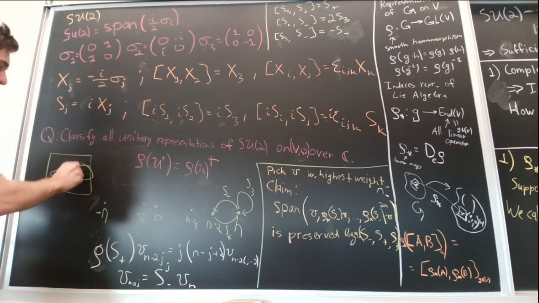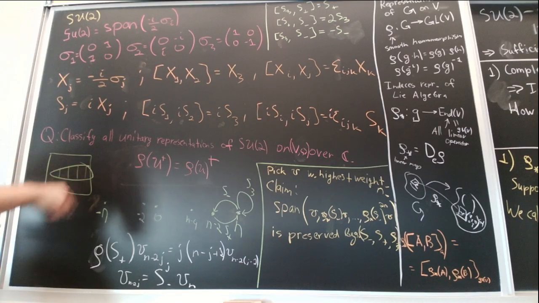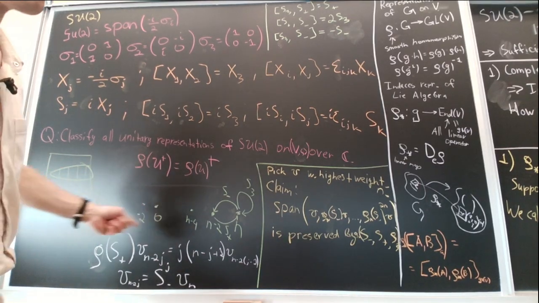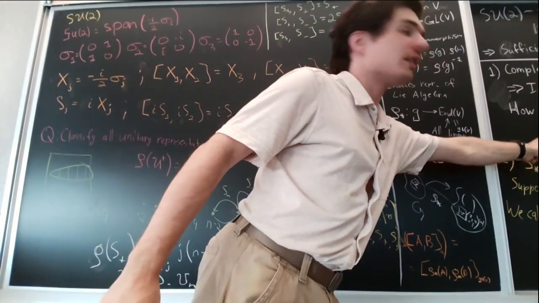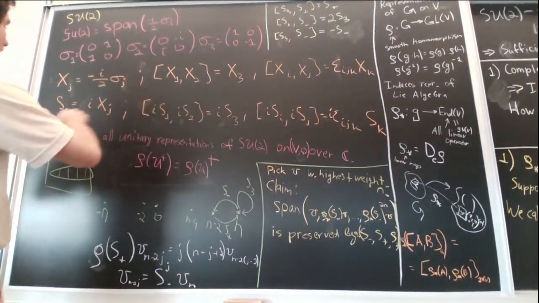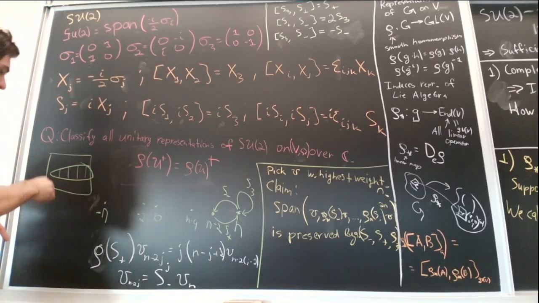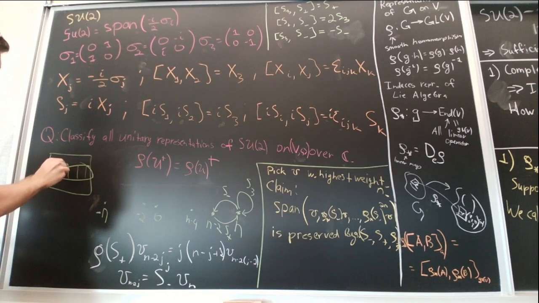Do you agree? Which are indexed by some integer, which is the eigenvalue of this guy. And then these two guys, S plus and S minus, just let me hop between the one-dimensional subspaces.